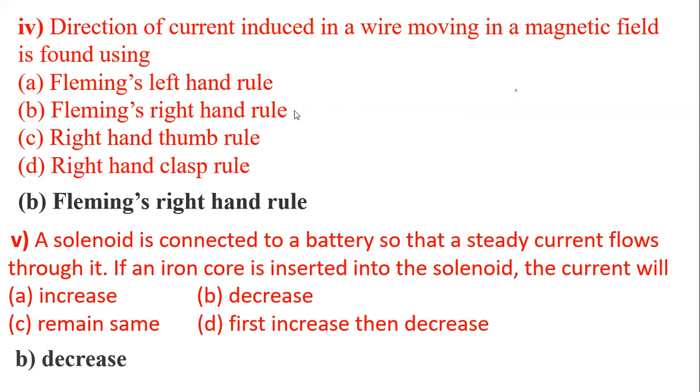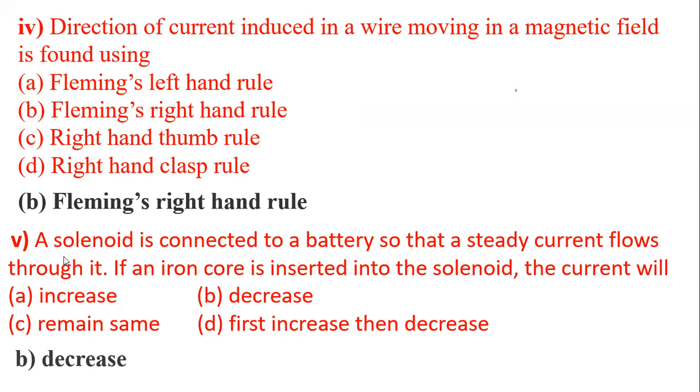When you keep three fingers perpendicular to each other, thumb, forefinger and middle finger, the induced current is shown by the middle finger, the magnetic field by the forefinger, and the motion or force on the object by the thumb. Fleming's left hand rule explains the force. This is not the force, it's magnetic induction. That's why you have to go for the right hand rule, Fleming's right hand rule.